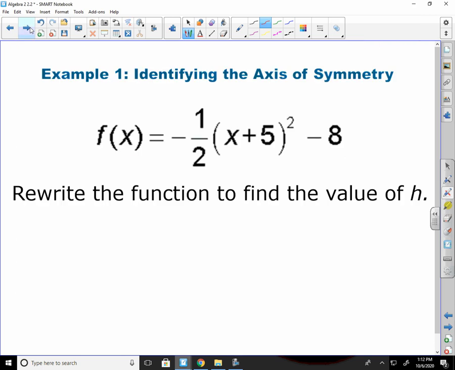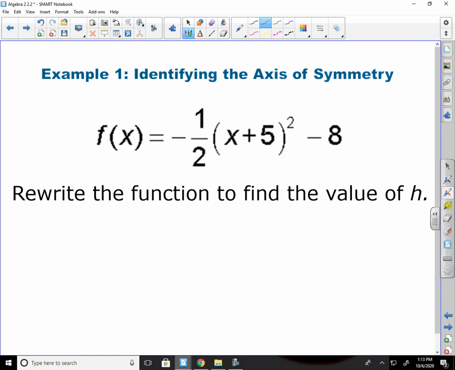Example 1, identifying the axis of symmetry. Rewrite the function to find the value of h. So here I have f of x equals negative 1/2 times x plus 5 squared minus 8.